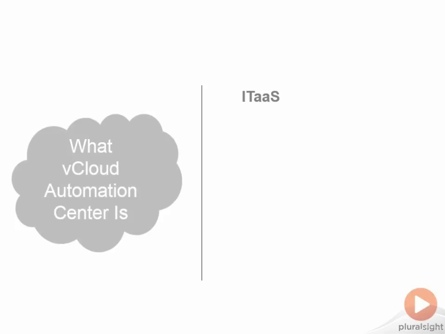So the goal of vCloud Automation Center is to abstract that from you as the administrator, to automate and orchestrate a lot of these repeatable processes. So instead of someone coming to you and saying, "I need these compute resources for a web server," or "I need this amount of memory or storage," they can actually consume it themselves through this IT as a service model.